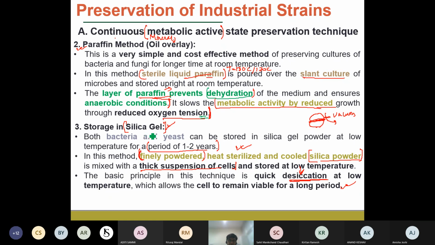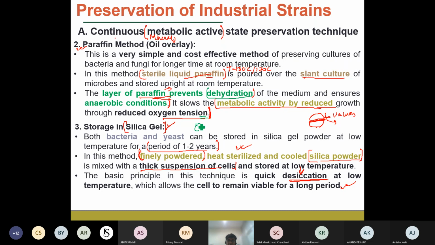Similarly goes for storage in silica gels. Everyone I am sure has seen silica gels in electronics packets and so on. They help maintain dehydration, meaning they remove water from the local areas, right?